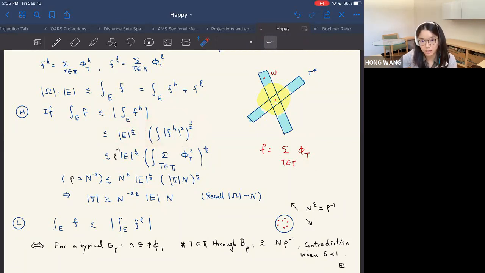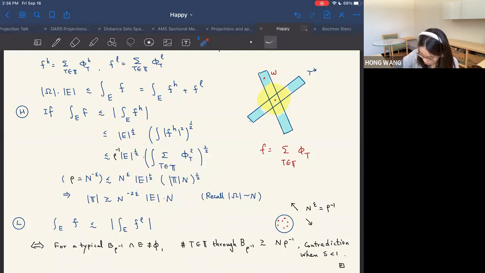And as we have discussed, at each point on the support of the high frequency part, the number of T stars that intersect omega is bounded by rho to the -1, where we take our rho to be n to the minus epsilon. So this is really a negligible part, that's n to the epsilon.